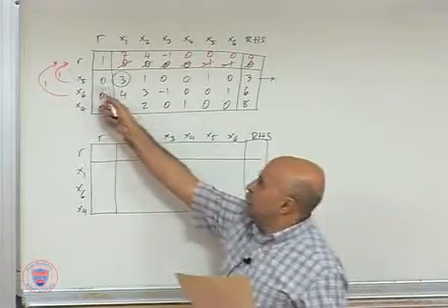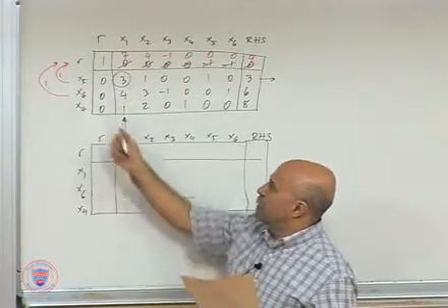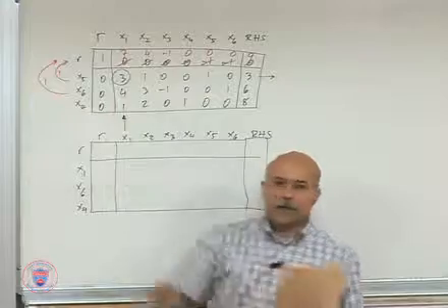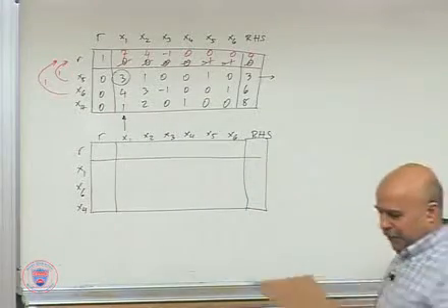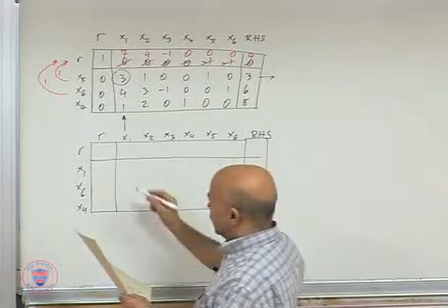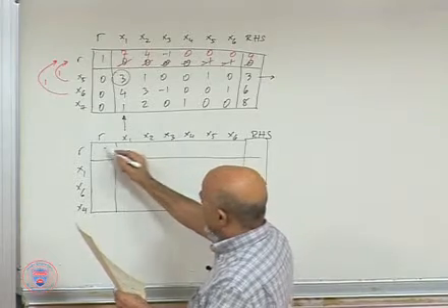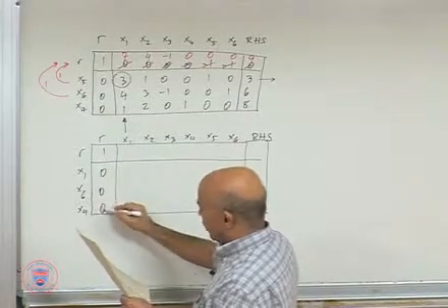So in this iteration, of course, going from the initial to the next tableau, I'm getting rid of one of the artificial variables. Your second tableau looks like the following.